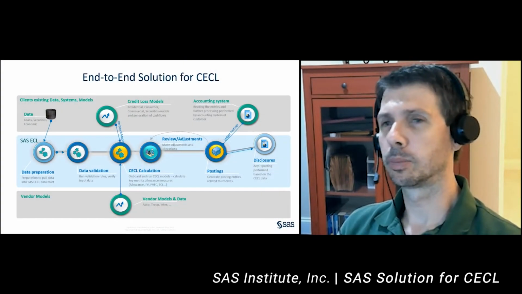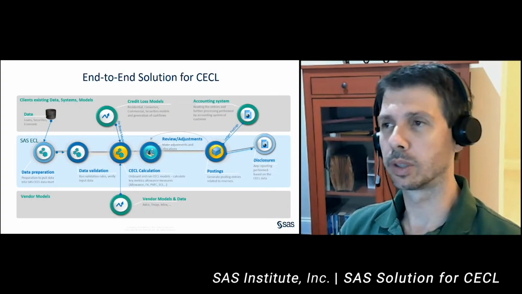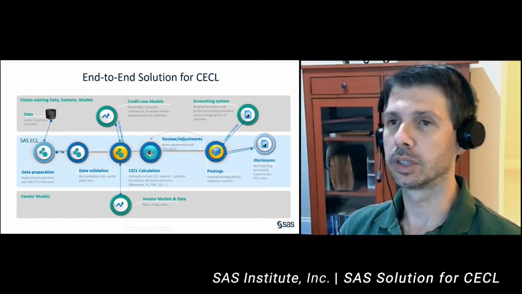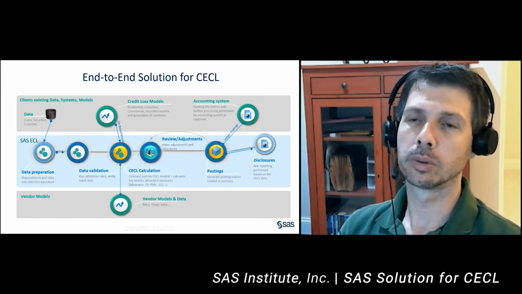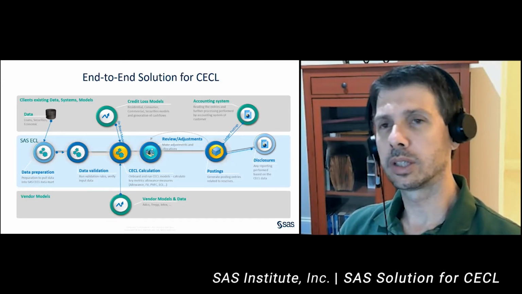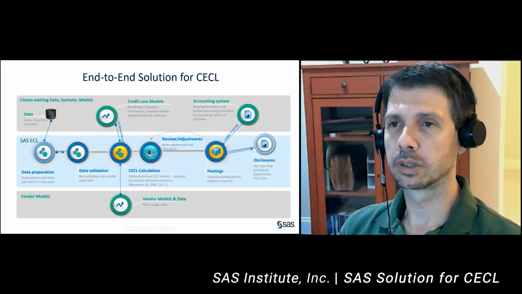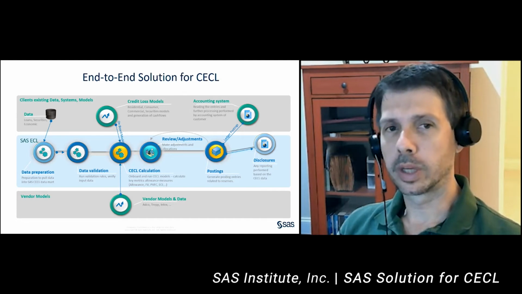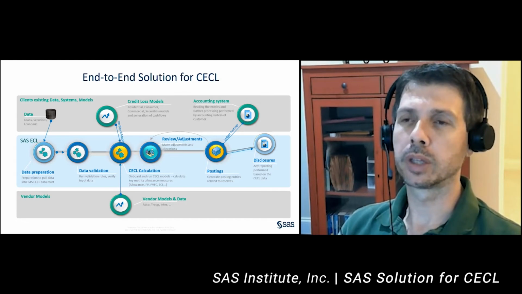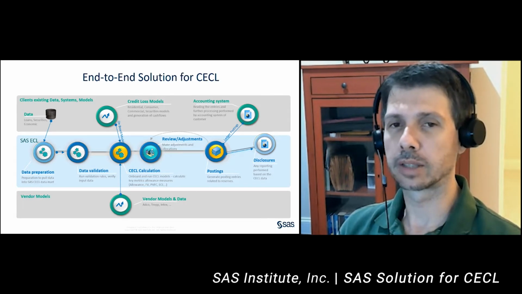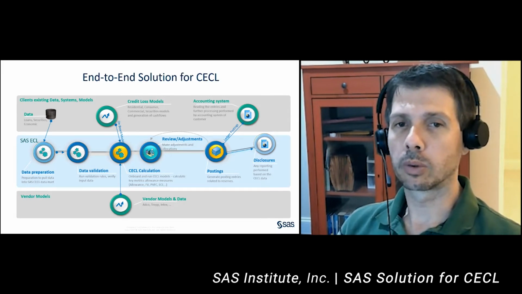SAS Solution for CECL provides an orchestrated CECL process workflow that allows for guided end-to-end execution that's well governed, auditable, and controlled. This workflow includes all the necessary steps for CECL, such as sourcing of the data, data preparation, performing data validation with data quality checks to ensure data is correct, and also performing data corrections.